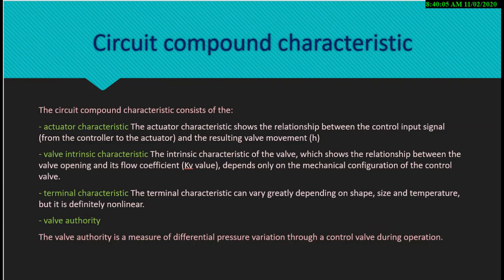For this condition, we are defining the circuit compound characteristic. The circuit compound characteristic consists of the actuator characteristic, which is the relationship between the control input signal from the controller to the actuator and the resulting valve movement H. Second, the valve intrinsic characteristic, which shows the relationship between the valve opening and the flow, and its flow coefficient Kv value, depends only on the mechanical configuration of the control valve.